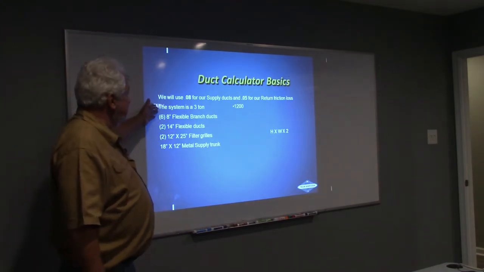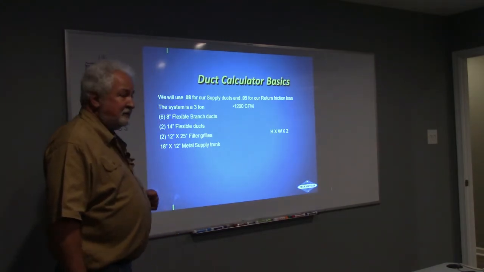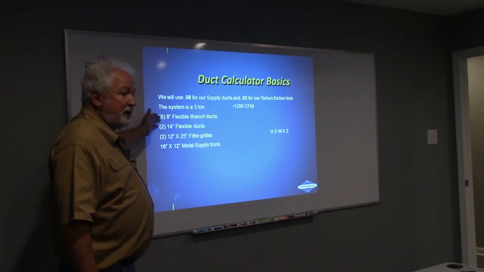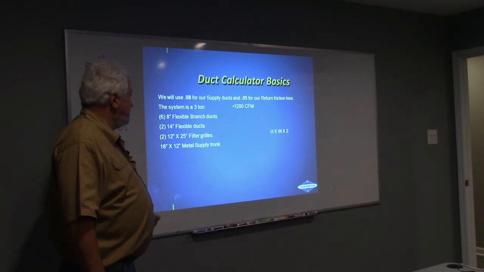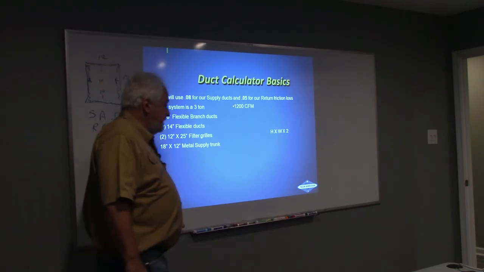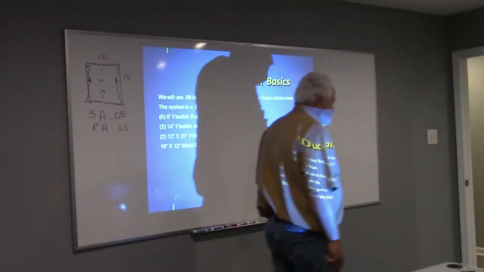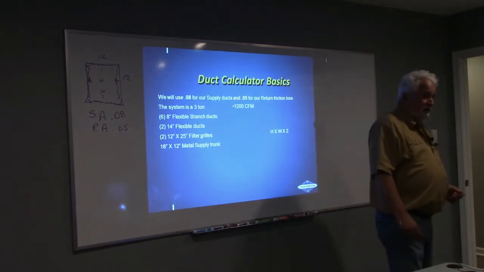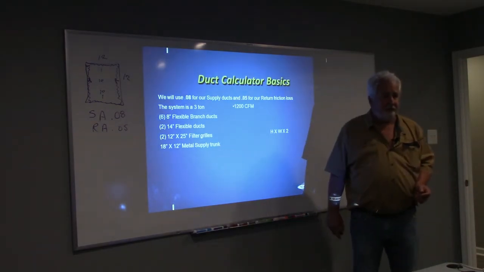The 3-ton system has 1200, yes? Good. Go to the 8-inch round on your duct calculator. Now we're going to go to flexible. Go to 8-inch round on the flexible, go to 0.08, which is a supply duct, yes?